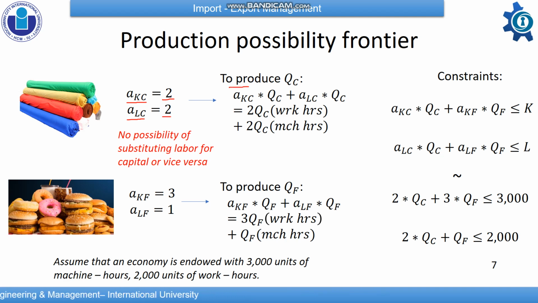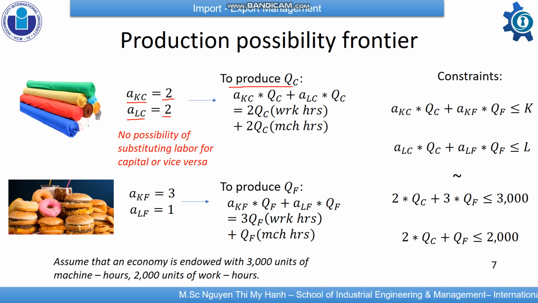So to produce the quantity QC of cloth, we need the total resource equal to AKC times QC plus ALC times QC. And AKC here is 2, so it's equivalent to 2 QC working hours plus 2 QC machine hours.